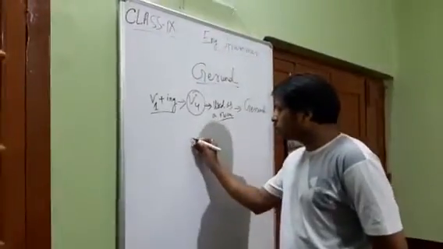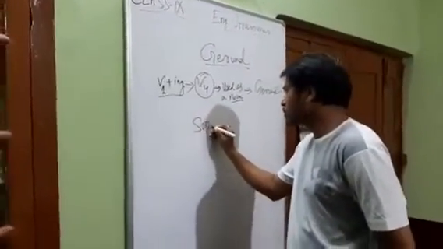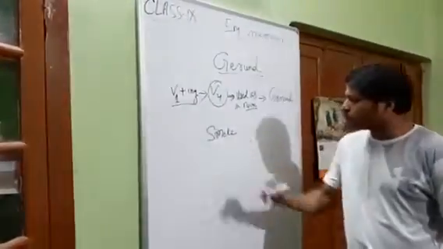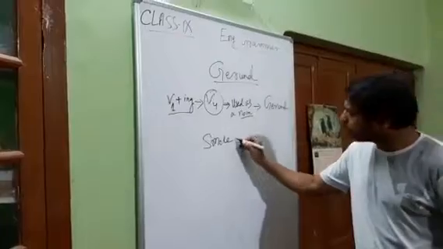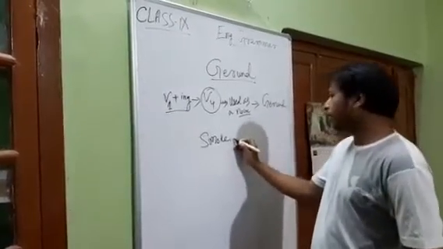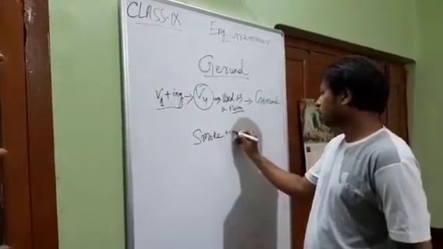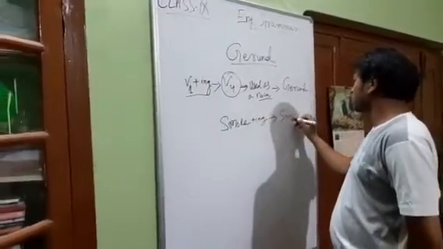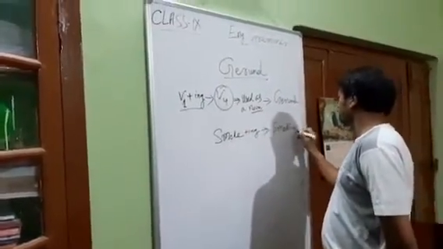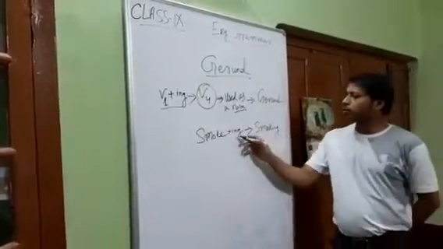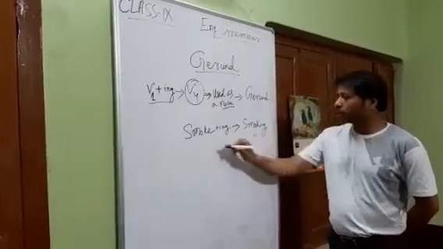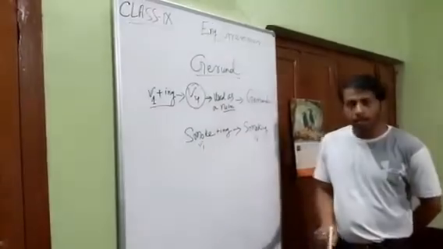We can take the word smoke. Smoke is a verb. Now with smoke, if I add ing, what I get is smoking. After adding ing to smoke, we get smoking. This is V4. This is V1.